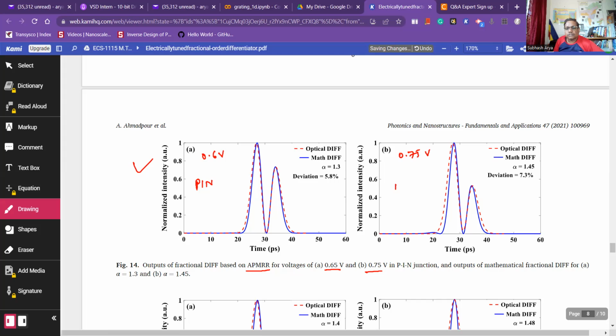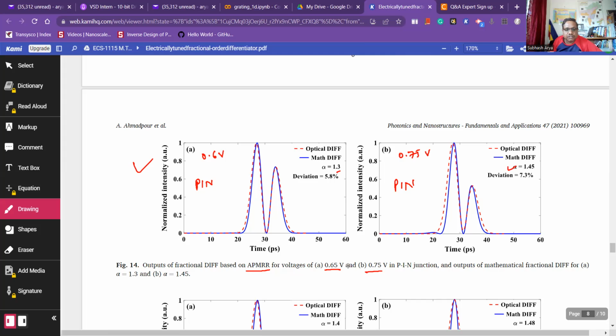And this is also PIN. So here alpha is equal to 1.3, here alpha is equal to 1.45. And deviation is reported here, say 1.3%, which you can see here. And here deviation is 5.8 from the mathematical differentiator.